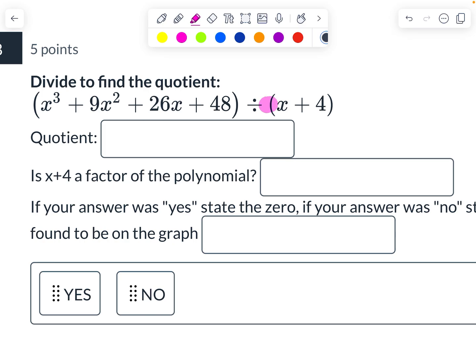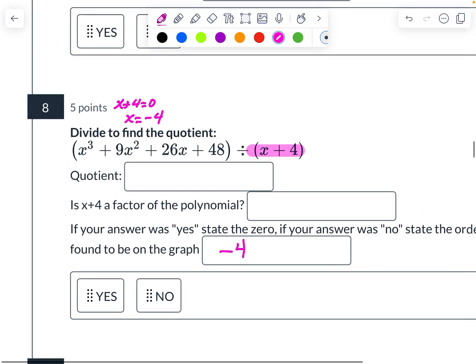So, if this is my divisor, I am going to take x plus 4, set it equal to 0, and find out that x is -4. That means this is going to be -4 or -4 something, because I don't know yet if my answer is going to be yes or no. Then I'm going to remember that I have a coefficient in front of x cubed, a coefficient in front of x squared, a coefficient in front of x, and a constant.